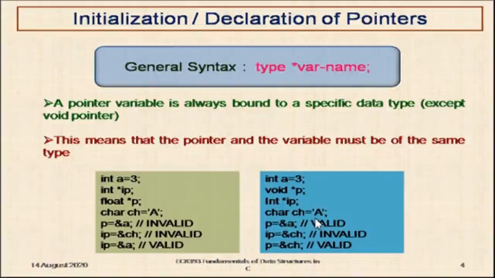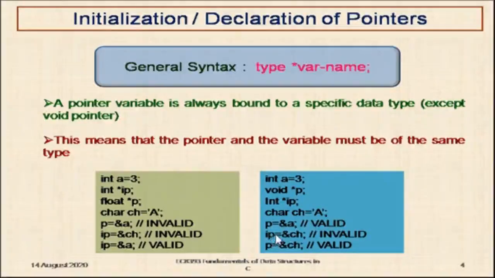char ch is equal to 'a'. So p is equal to &a. Here p is the pointer of type void, a is the variable of type int. But this is correct because p is the void pointer, or we can call it a general purpose pointer. Why? Because it is able to point to any type of variable or operand or data.